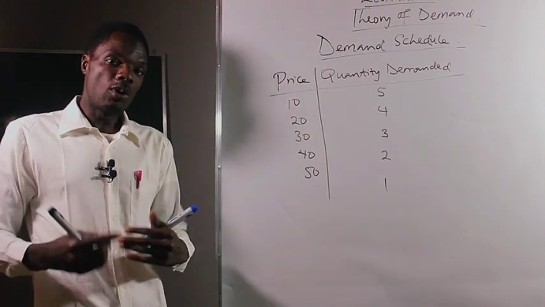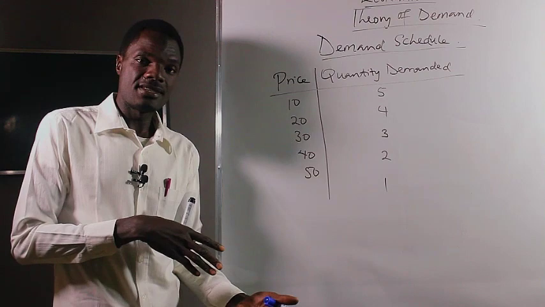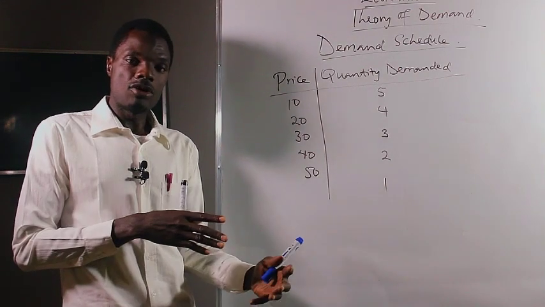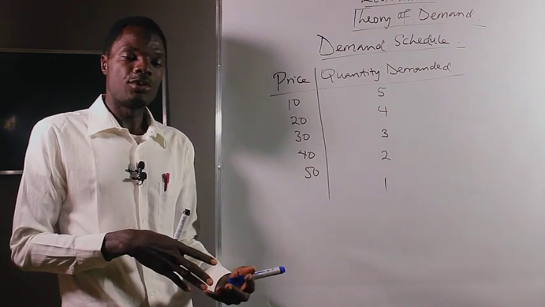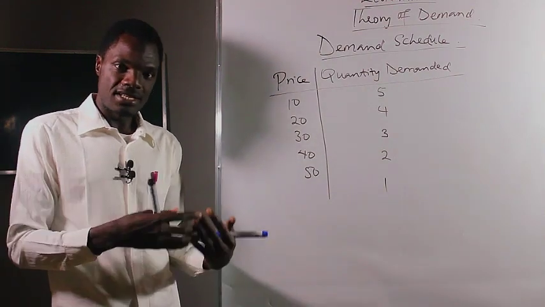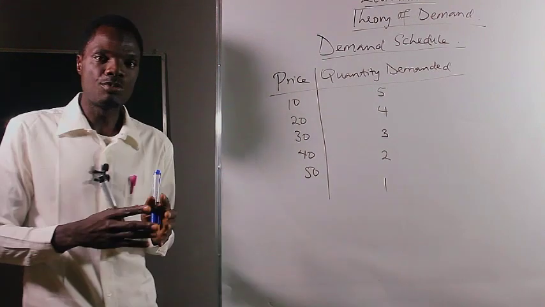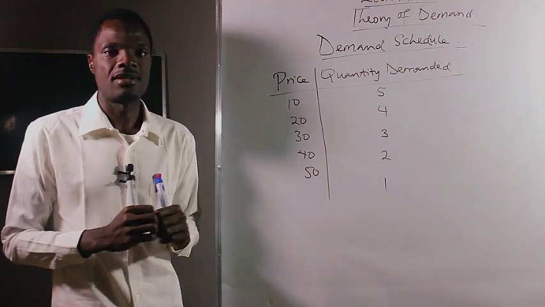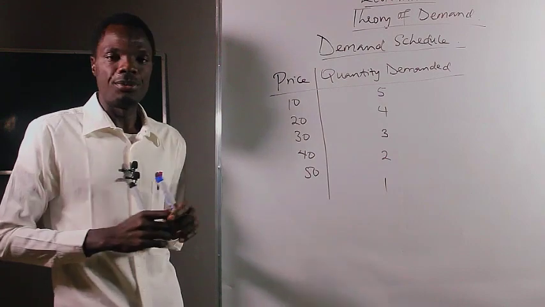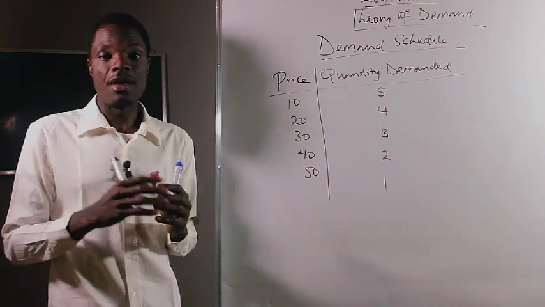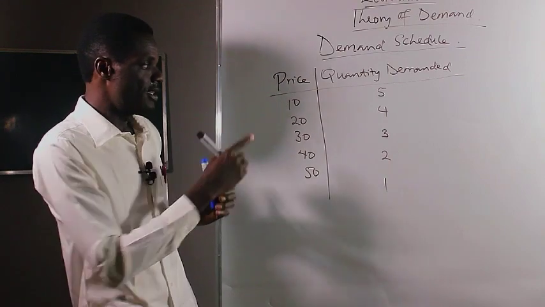And it is not only the price of the detergent that is affecting the demand of that good. Of course, the income of the consumers, the population of the consumers, and the related price can also affect the quantity demanded. But in this case, we assume all other factors to be constant so that this relation will be like that.